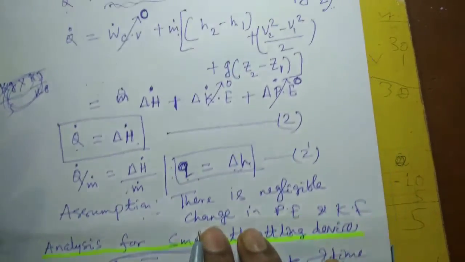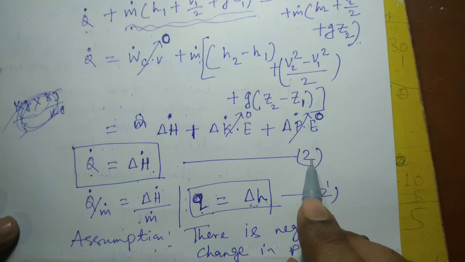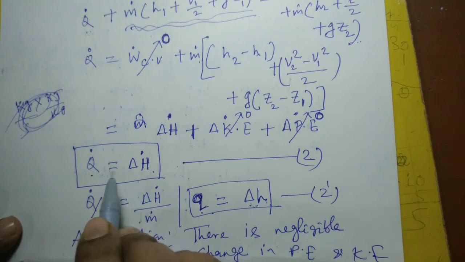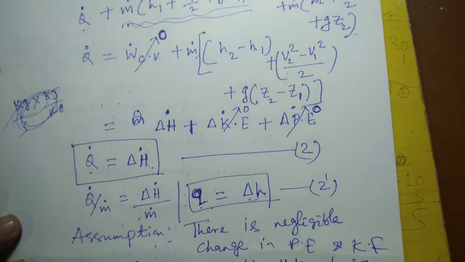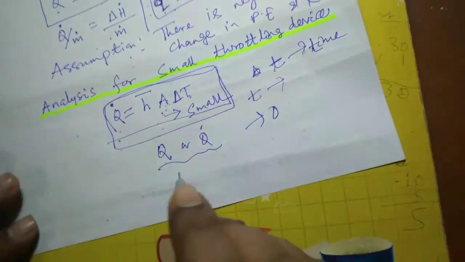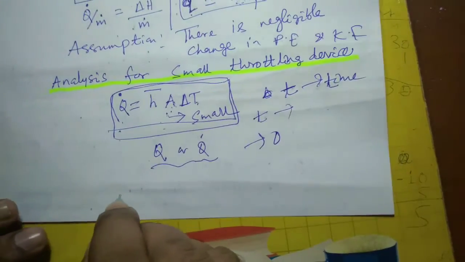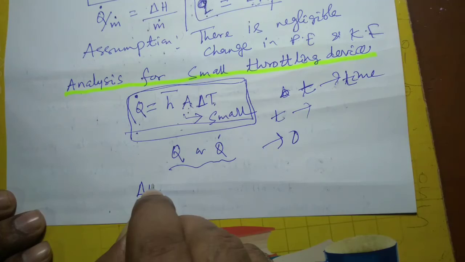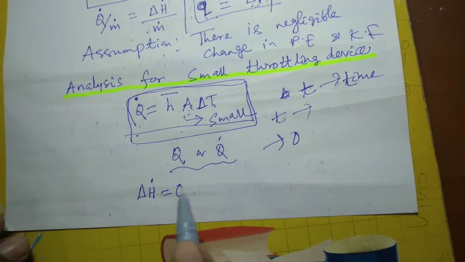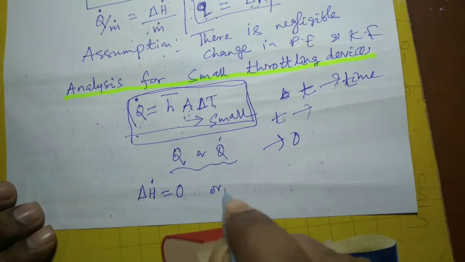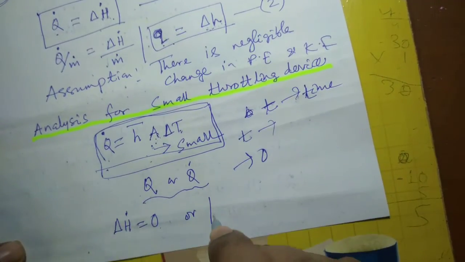So now our general steady flow energy equation for the throttling device was equation 2: Q dot is equal to delta H dot, or small q is equal to delta H. And for this small case, Q can be assumed to be 0. So now equation 2 reduces to delta H dot equal to 0, especially for a small throttling device, or I can write small delta H equal to 0.